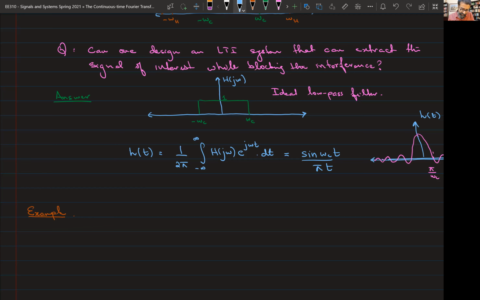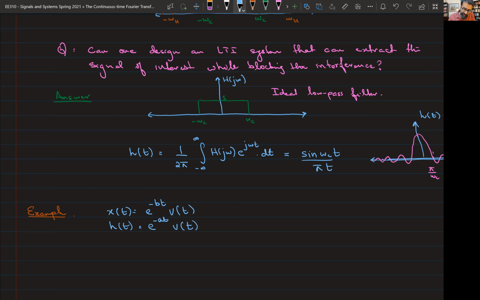So here's how. Let's say I give you x of t, which is e raised to power minus bt u of t. And I give you h of t, which is e raised to power minus at u of t.